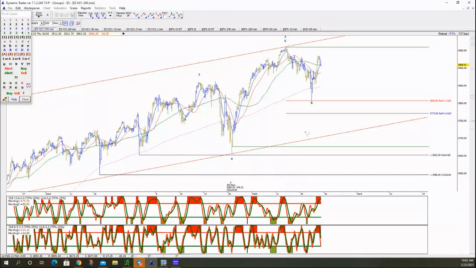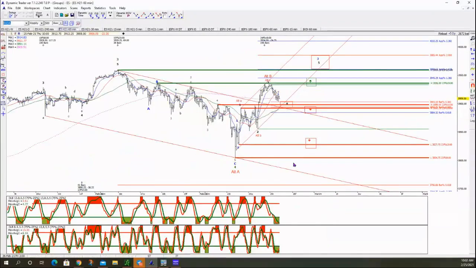I know a lot of people measure these from the bottom of the trend up, and that's not the correct way to do it. The correct way is to measure from the bottom of wave 2, up to the top of 3, and back down to 4. You'll see that little box right there, 38.2% to 50% retrace, and that's what it's done and in the process of doing.